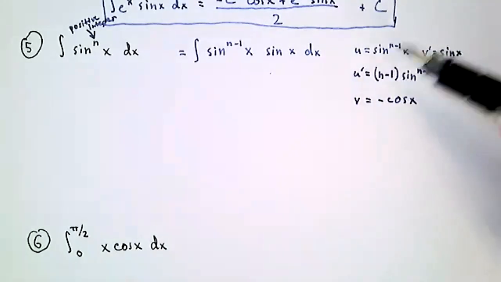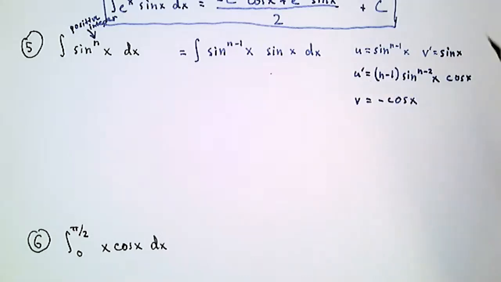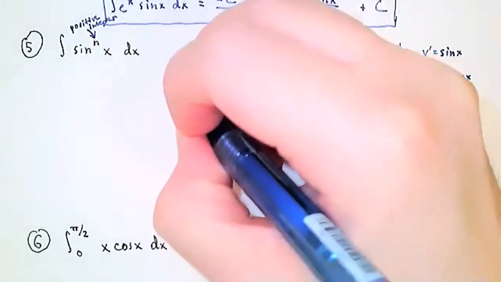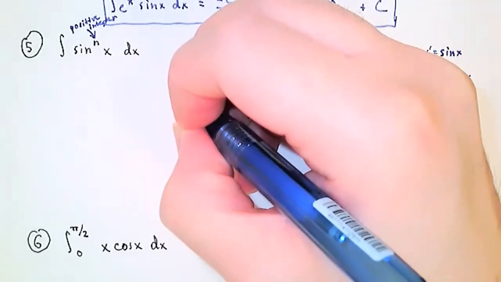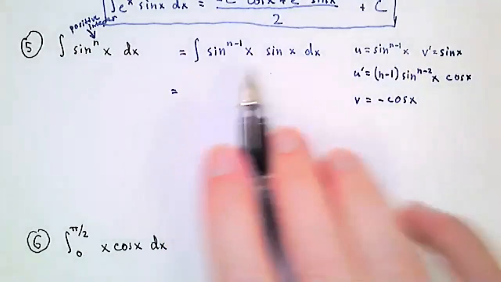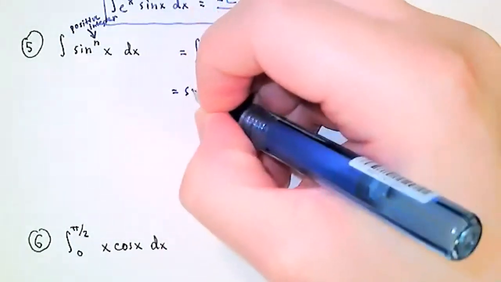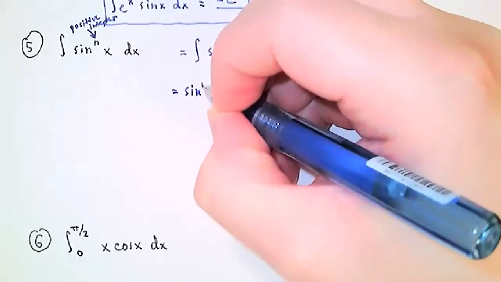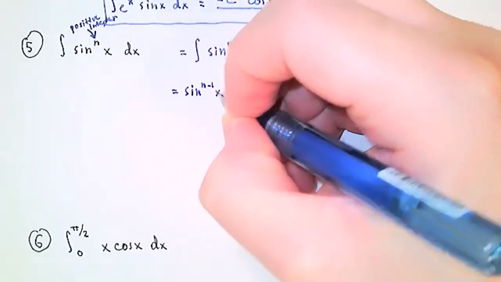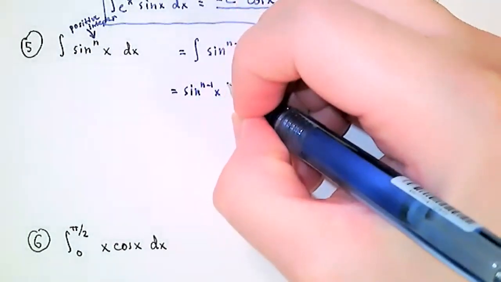Okay, so now that we have u, v prime, u prime, and v, we can do our integration by parts. We need u times v. That'll be a sine to the n minus 1 of x, and then v is minus cosine.